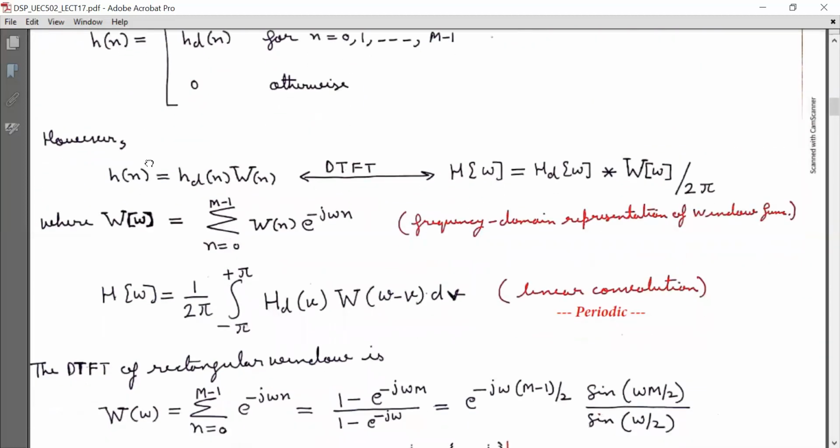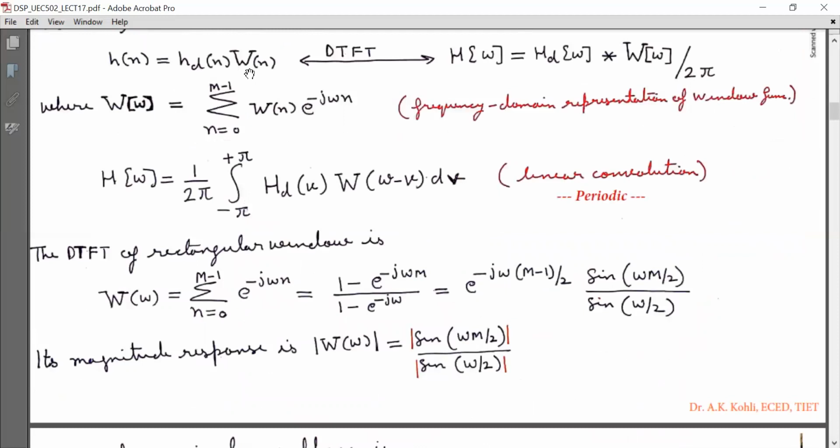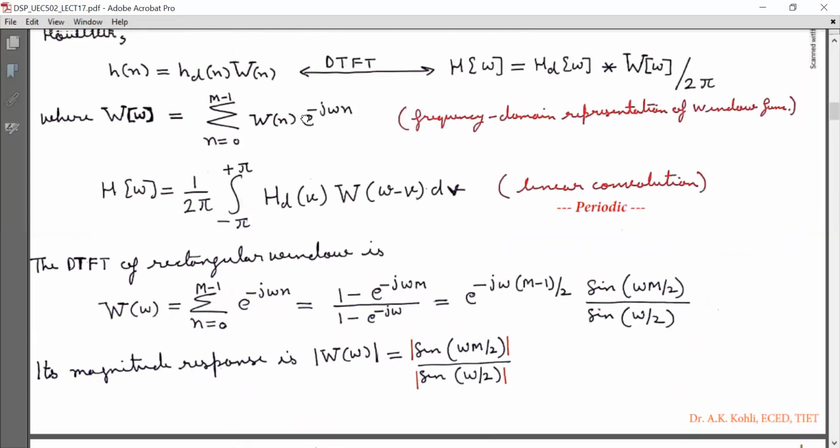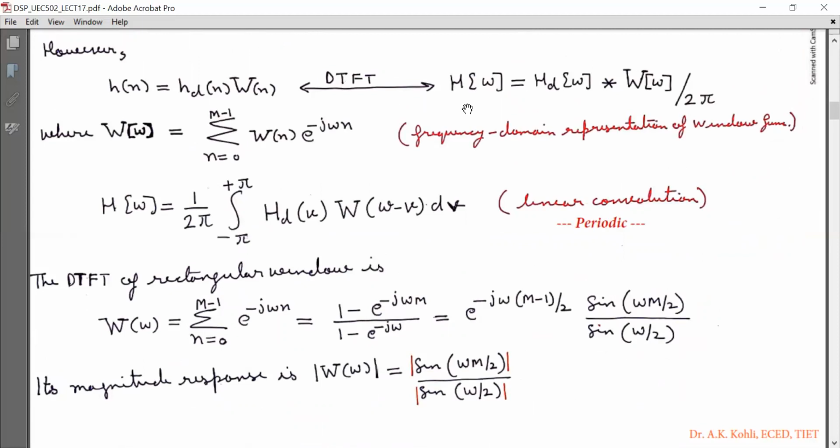Here h(n) is equal to hd(n) times w(n), and by taking its DTFT, I can show that in the frequency domain H(omega) is equal to HD(omega) linearly convolved with W(omega), divided by 2 pi. Here W(omega) is the DTFT of w(n), that is, the summation n running from 0 to M minus 1 of w(n) e raised to minus j omega n, the frequency domain representation of the rectangular window function.